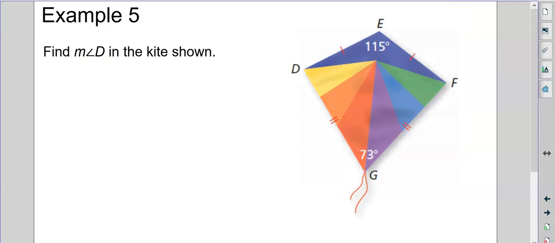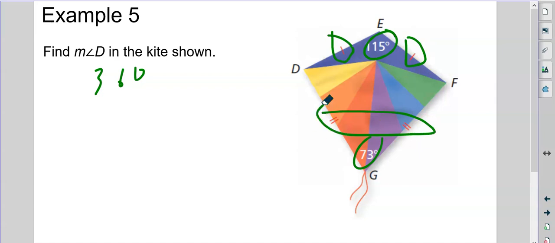All right, find the measure of angle D. Well, first off, remember a quadrilateral has 360 degrees. We have 115 here and 73 here. How do we know it's a kite? These two are equal and those two are equal. So if I do 115 plus 73, that gives me 188.